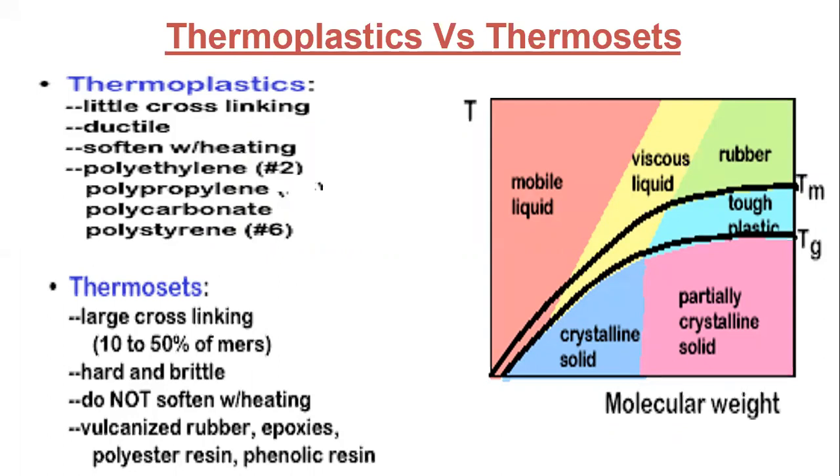So this is about thermoplastics and thermosettings. On the right side of the slide, you can see the basic graph of the thermosettings and thermoplastics. On the y-axis it is temperature, and on the x-axis it is the molecular weight of the polymer resins.